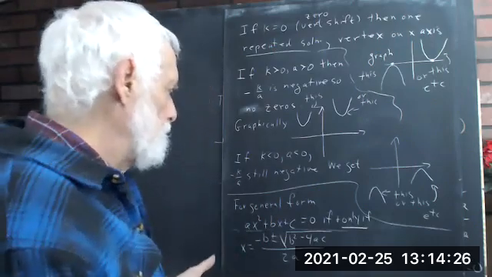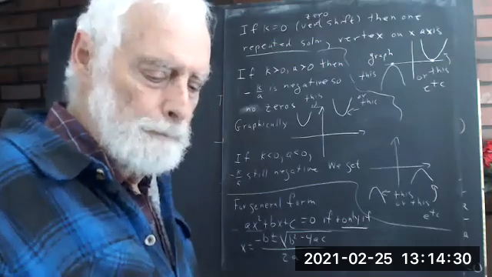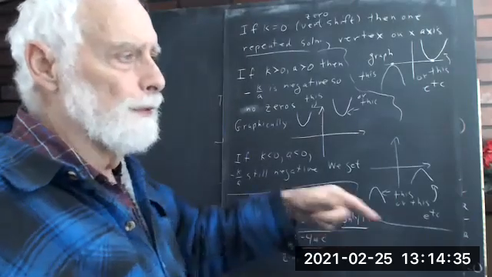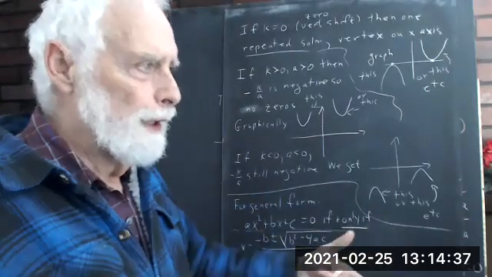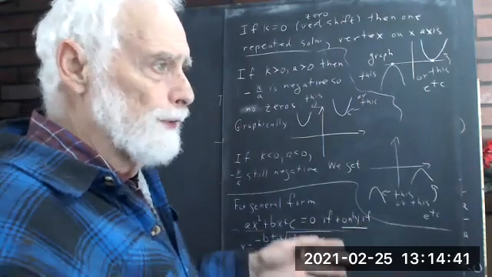What this tells you, within the quadratic formula, and this is called the quadratic formula, it tells you where the graph intersects the x axis. It tells you where the zeros are.